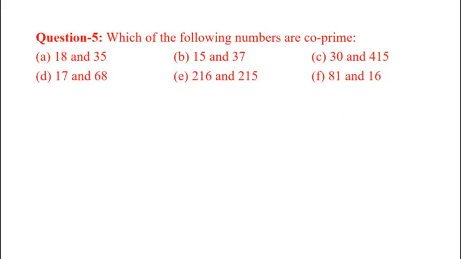Then question number 5. Which of the following numbers are co-prime? 18 and 35, 15 and 37, 30 and 415, 17 and 68, 216 and 215, 81 and 16.